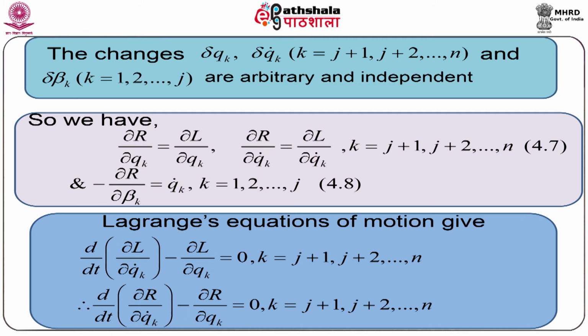Using 4.7, we have d/dt of del R del qk dot minus del R del qk equal to 0 for k equal to j plus 1, j plus 2 up to n.